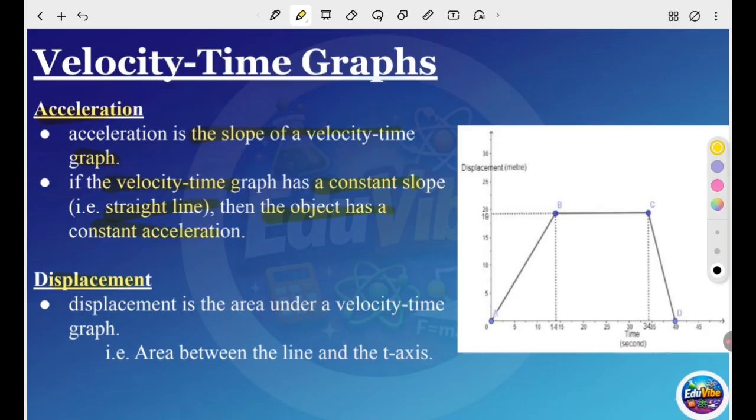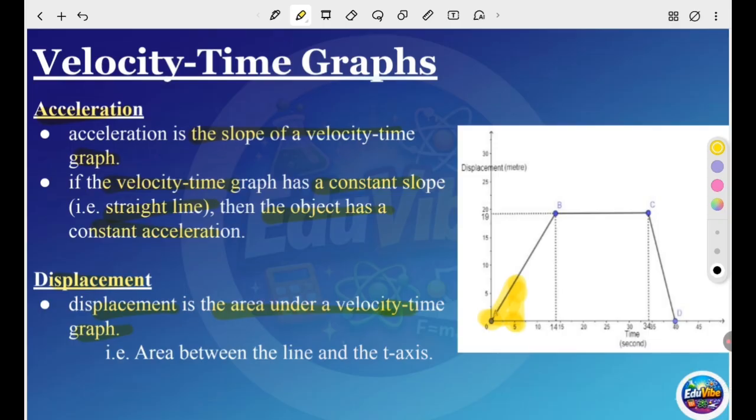Displacement has another aspect. Displacement is the area under the velocity-time graph. So if they ask you to find the displacement from 0 to 5.00 seconds, you have to mark that part, from 0 to 5.0, like this. This whole part is the displacement part from the velocity-time graph.